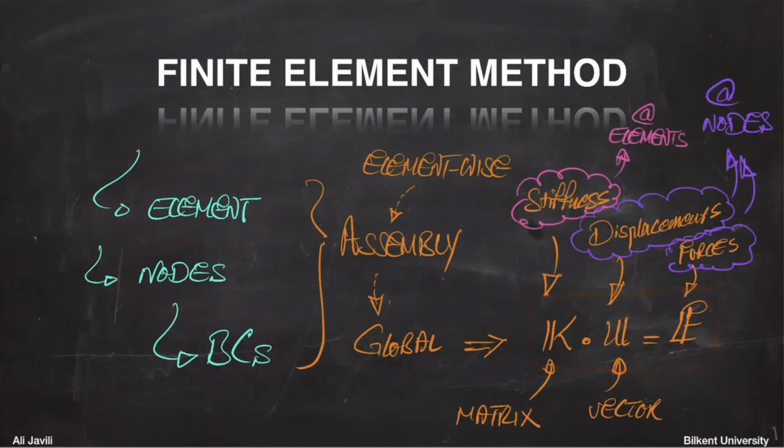And that equation again has information about the nodes, which are displacements and forces on nodes, and then it has the stiffness of elements. You solve that system, you calculate the displacements or forces depending on what is known and what is unknown, and you are done. So this is the big picture of the finite element method.